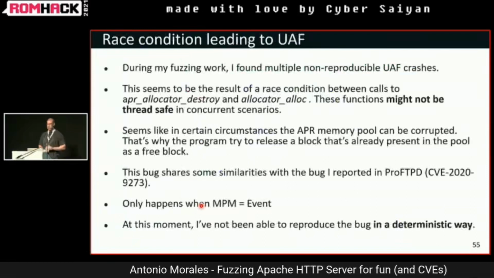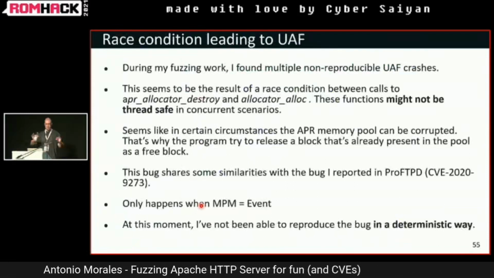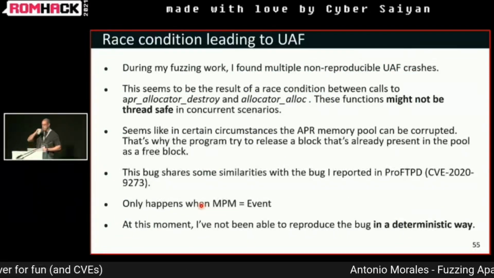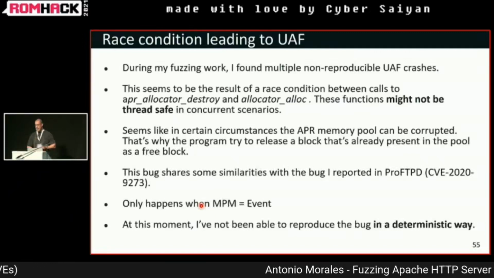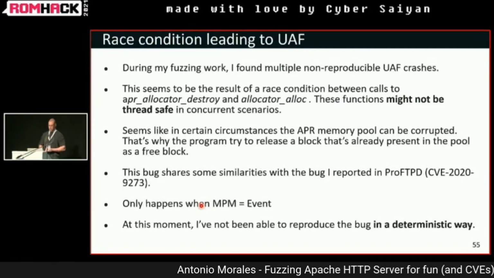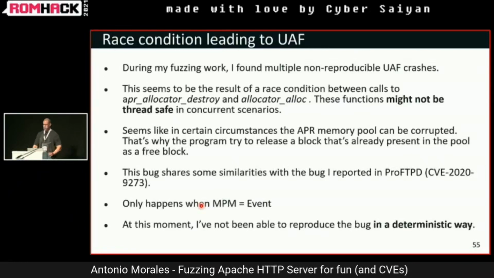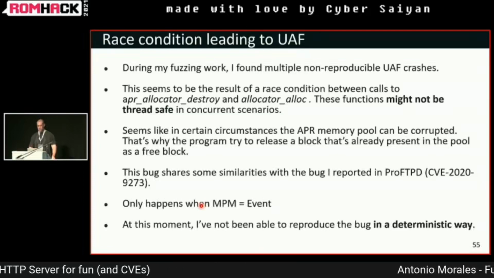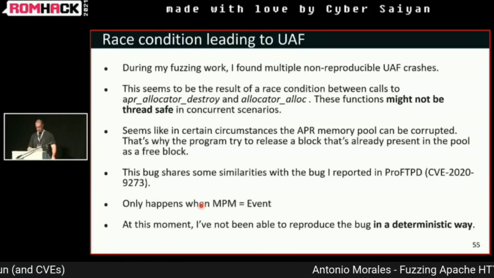And now I'm going to explain something totally different. In this case, this bug is a race condition leading to use after free and affecting the Apache core. During my fuzzing research, I found multiple bugs that I wasn't able to reproduce again.